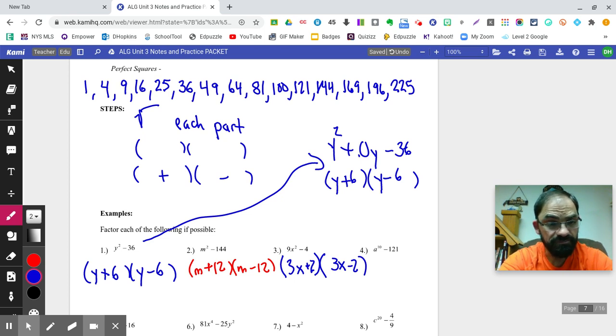This next one here, a to the 10th minus 121. So remember, when I take the square root of a variable, what I do is I cut that in half.